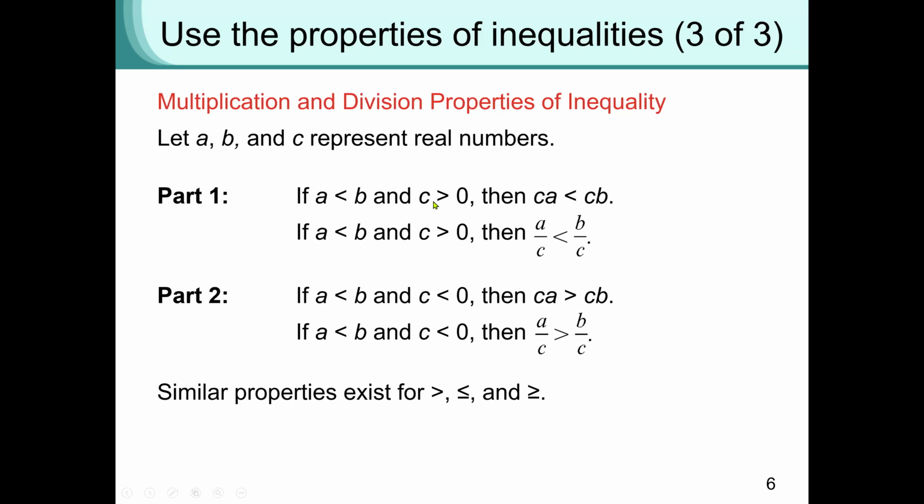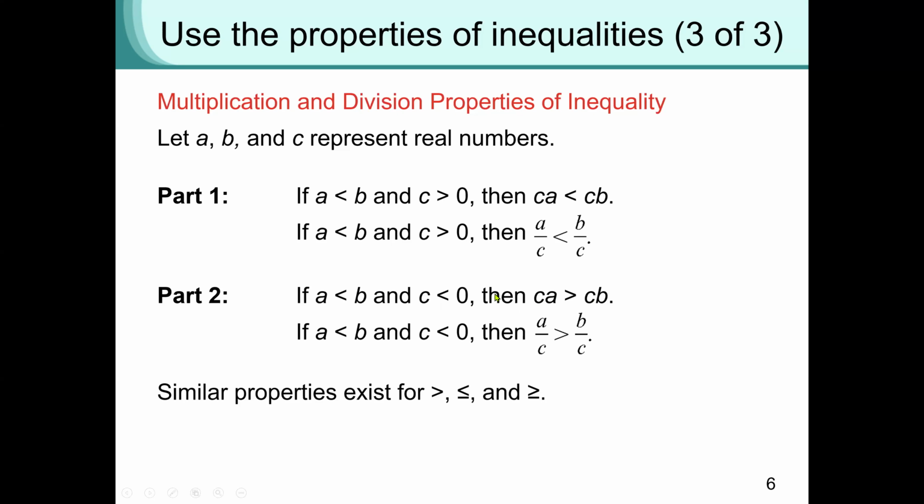It's a positive value. Now part 2: if A is less than B and C is less than 0, then CA should be greater than CB. We are going to use this rule a lot, especially when solving inequalities.